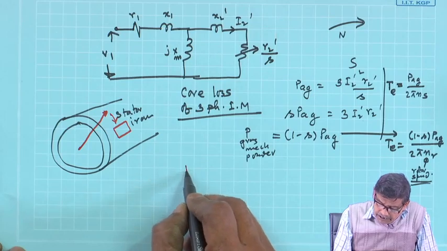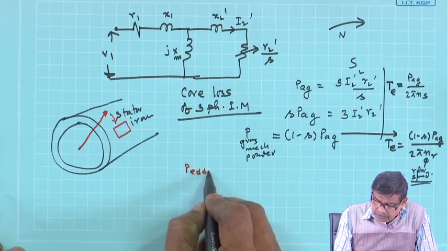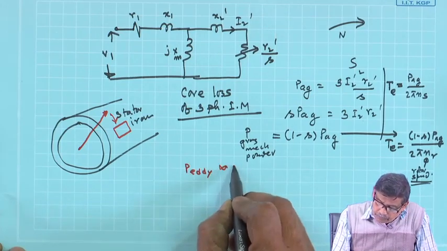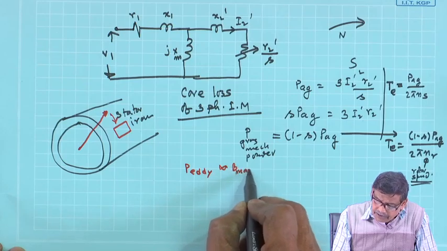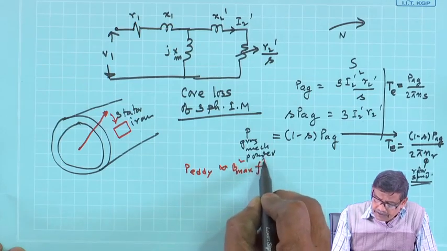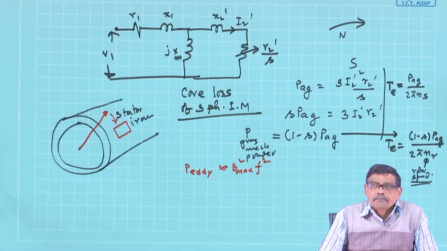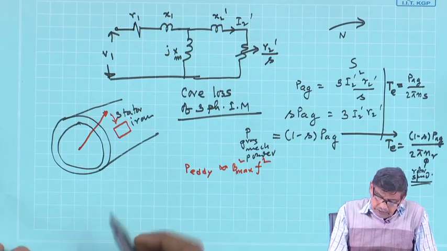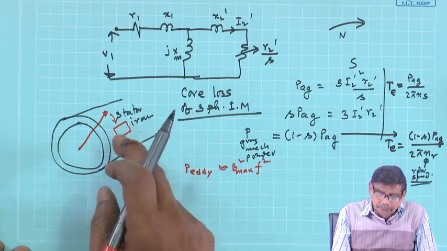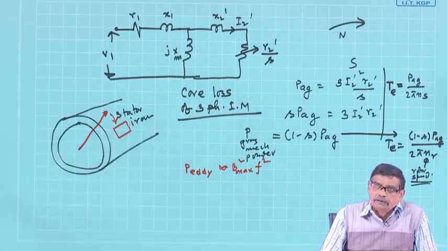So, eddy current loss, as you know, in a transformer, is proportional to B max squared f squared, per unit volume. So, eddy current loss will take place in the stator iron.